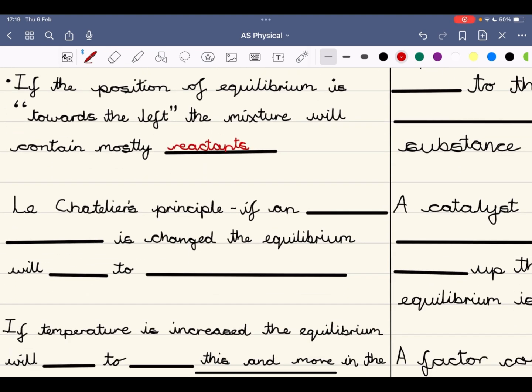Le Chatelier's principle states that if an external condition is changed, the equilibrium will shift to oppose this change.